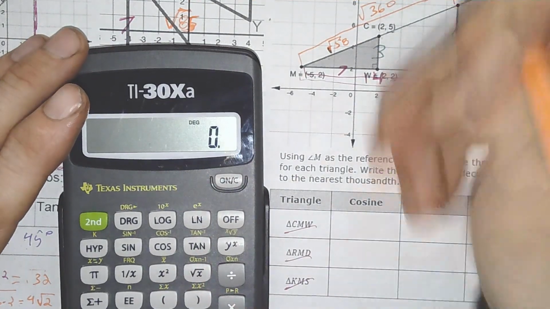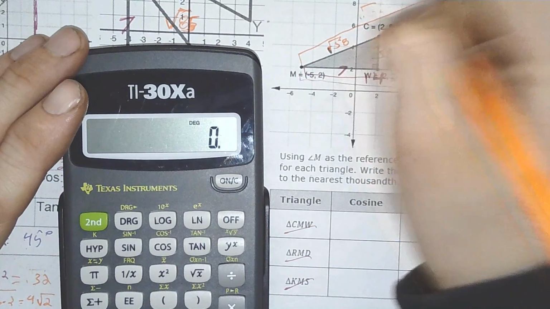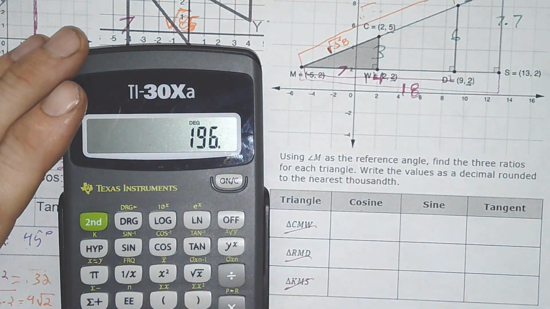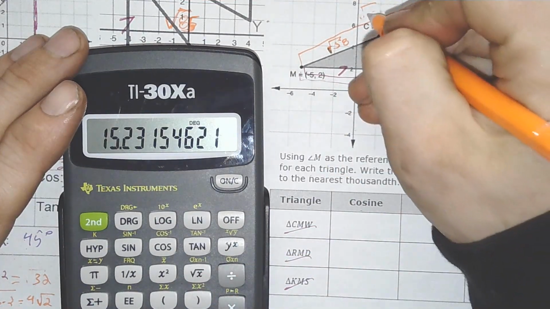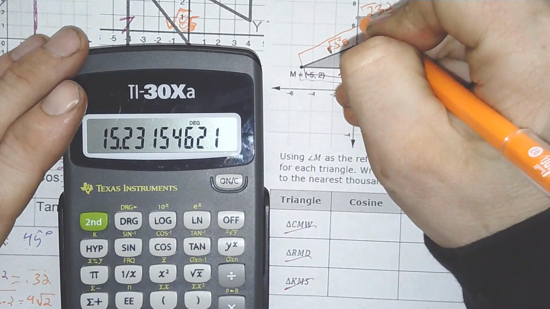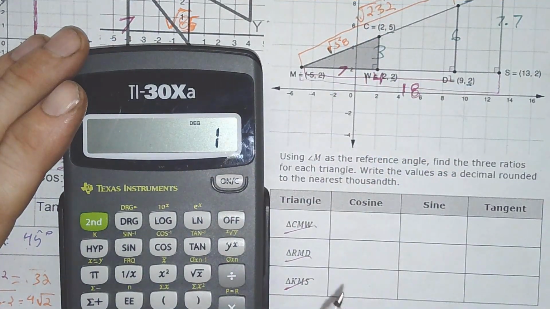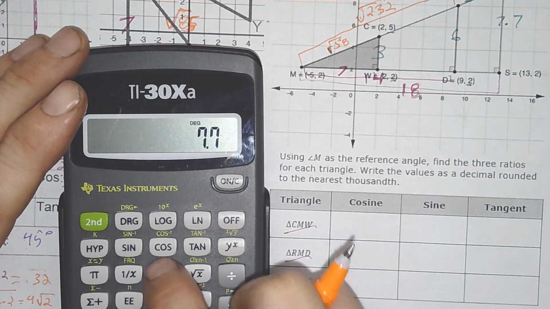That's wrong. This is 14 squared plus 6 squared. This is the square root of 232. There we go. Then we have 18 squared plus 7.7 squared.